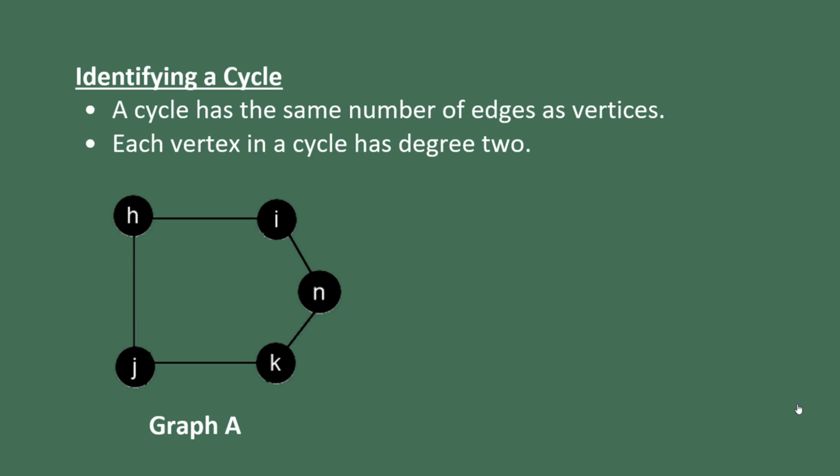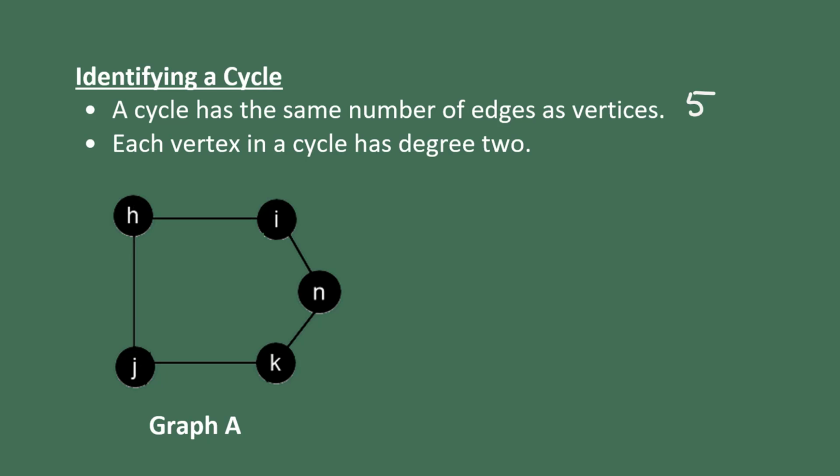For example, in graph A, there are 1, 2, 3, 4, 5 vertices, H, I, N, K, and J. And there are 1, 2, 3, 4, 5 edges. So it satisfies the characteristic of having the same number of edges as vertices. The degree of a vertex just means the number of edges that meet at that vertex.